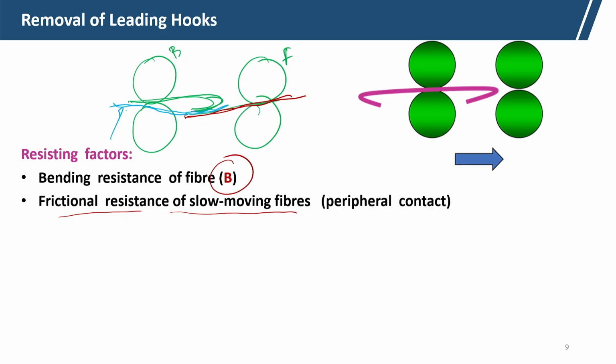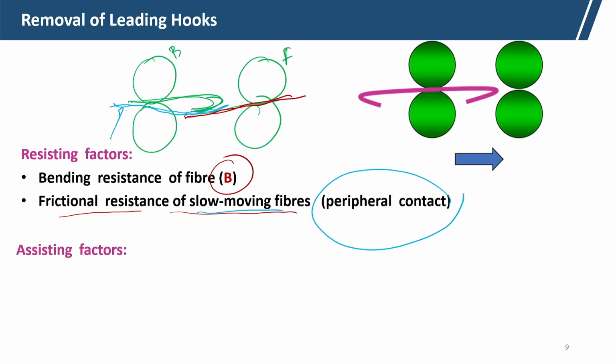Here, if the frictional resistance of slow moving fibers is high, then it will resist the hook removal, and if the frictional resistance of the fast moving fiber is high, then it will assist the hook removal. And that depends on the peripheral contact; the higher the contact, the higher will be that resistance.